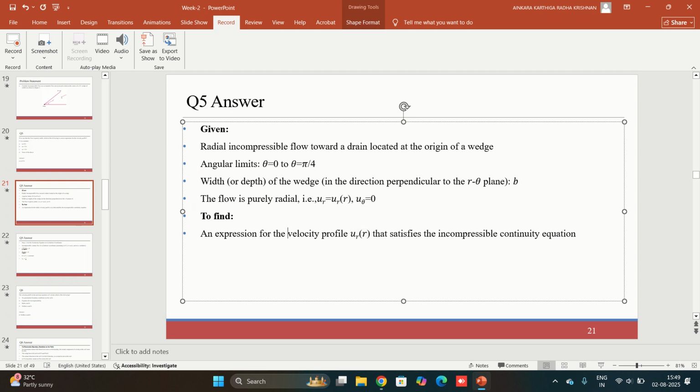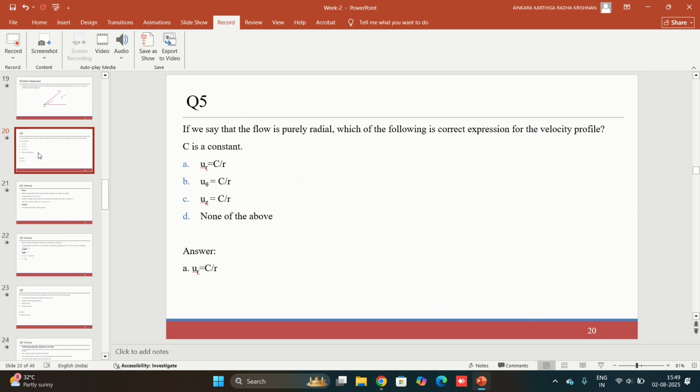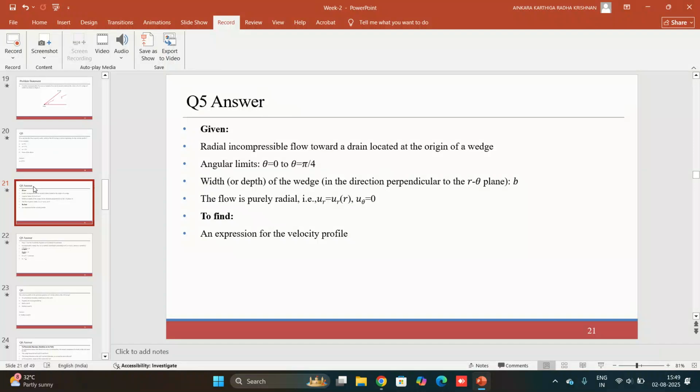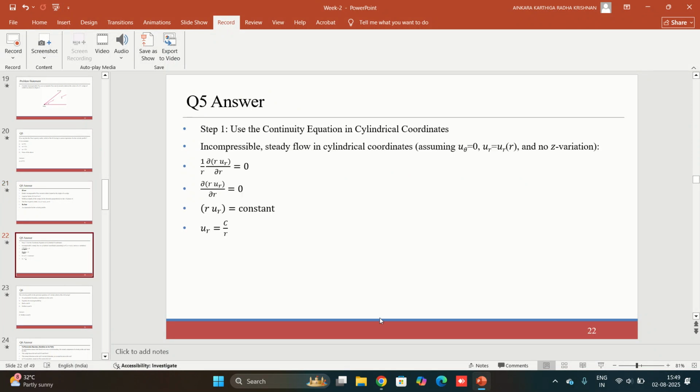If we look at the question, basically what we are asked is the correct expression for the velocity profile, so we'll leave out the rest of the things.